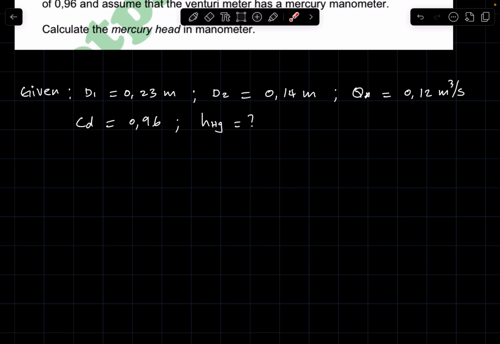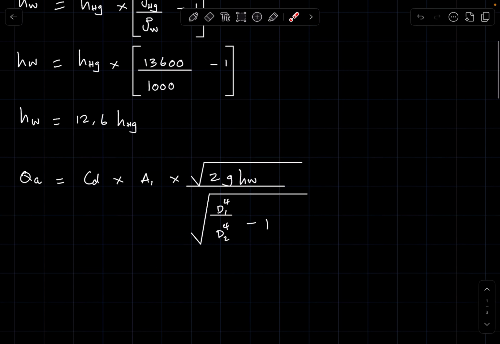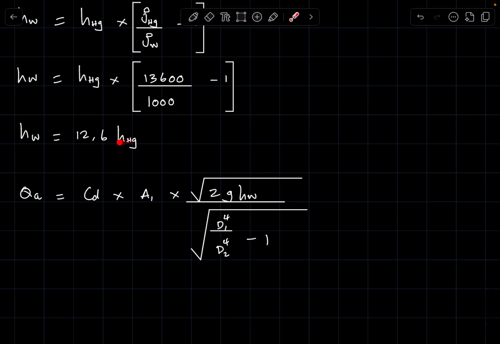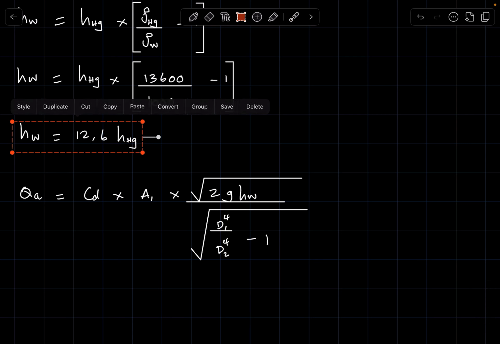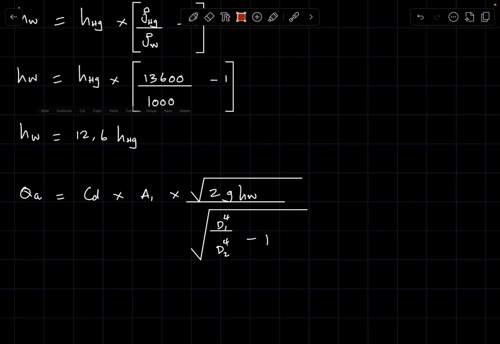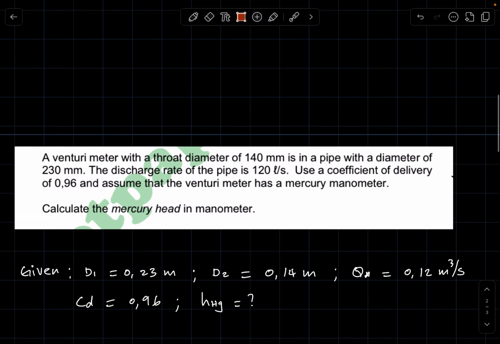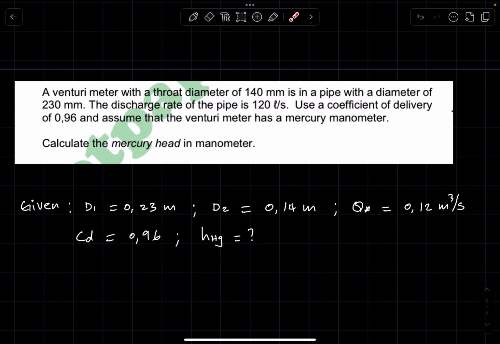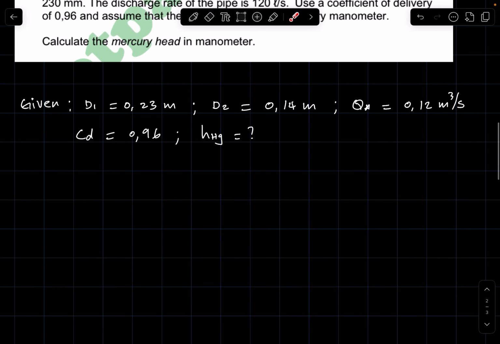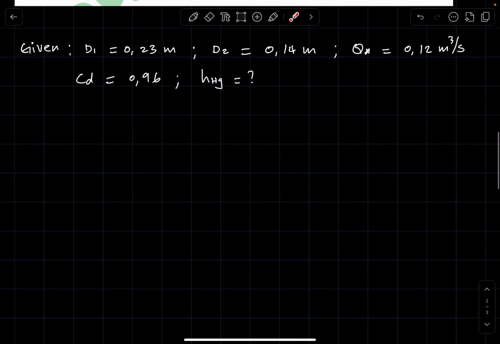We know to get what we are looking for, we have to use this. We have to make use of this relationship. Remember here, they did mention that assume that the Venturi meter has a mercury manometer. So the Venturi meter is using a mercury manometer, which means the H is HG.